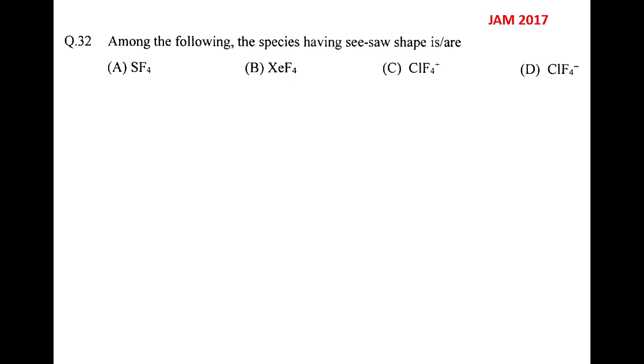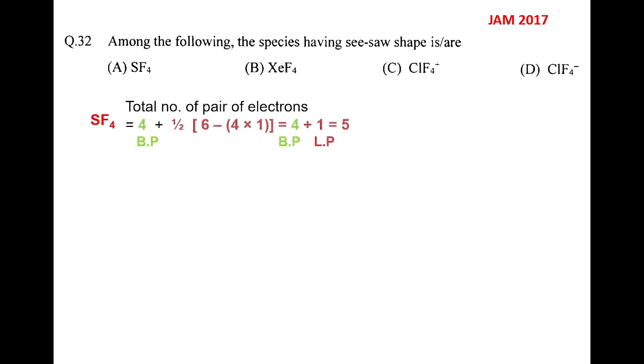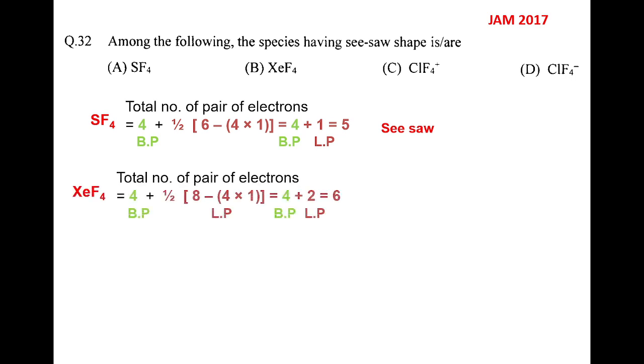By using the same formula, we have to calculate the number of bond pairs and lone pairs of electrons. Here in the case of SF4, we'll get 4 bond pair, 1 lone pair. The shape will be seesaw. So here we'll get one seesaw. Again, if you look at the structure of XeF4, we'll get 4 bond pair, 2 lone pair.